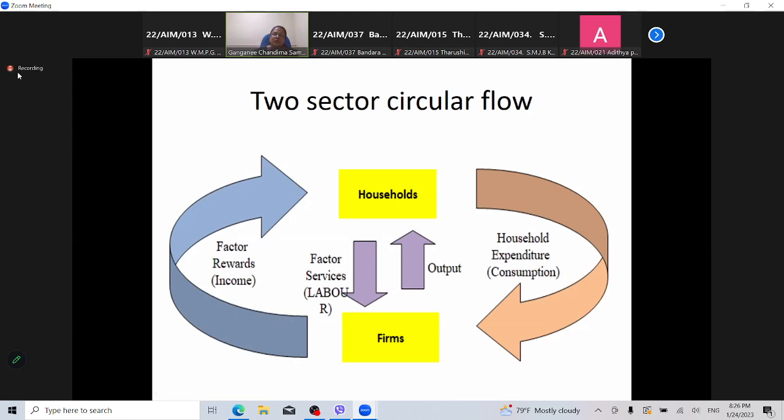So when firms produce output for the households, households give money to firms in return for their output. Let's say as a student, you need a book.